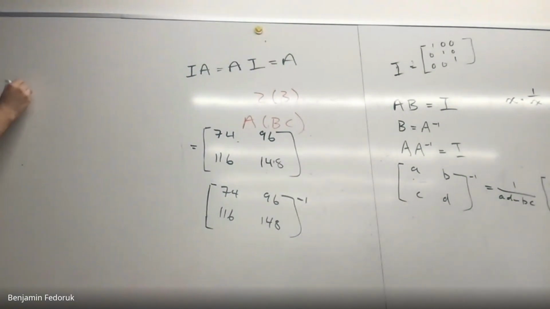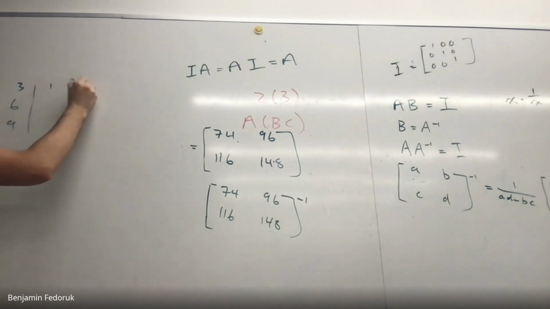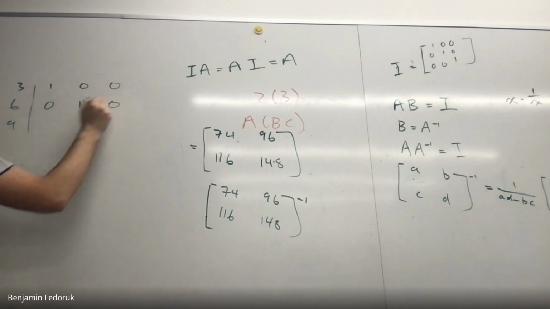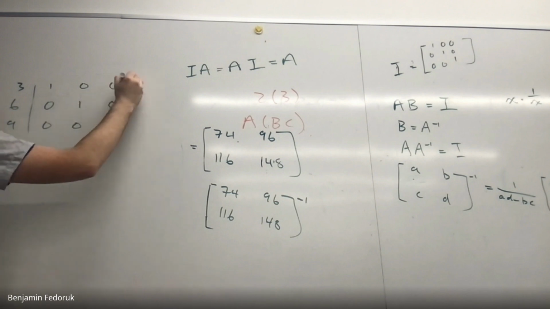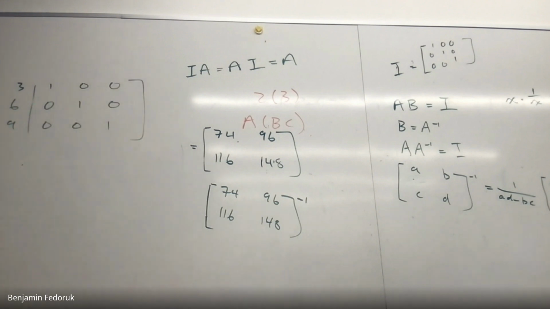Maybe let's say you want to find the inverse of this. What you do is you write out the matrix, and then you put a vertical bar, and then you write the identity matrix on the other side: 1, 0, 0, 0, 1, 0, 0, 0, 1. I know it looks a little weird.